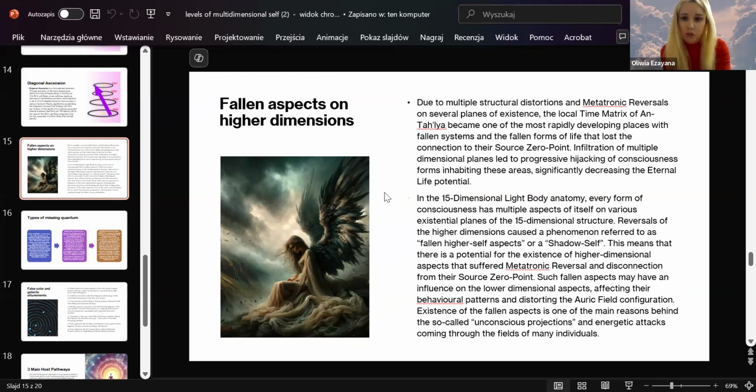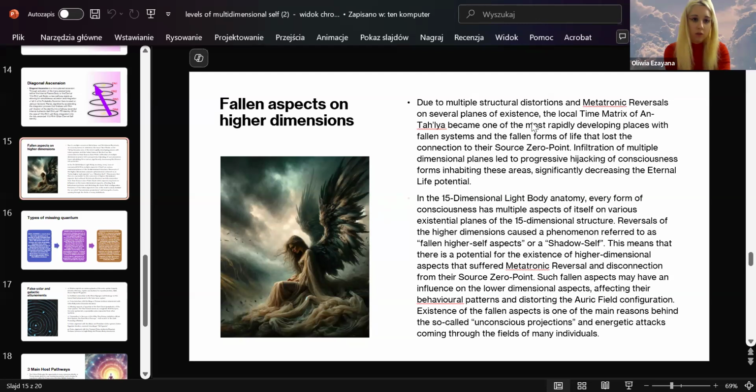In the 15-dimensional light body anatomy, every form of consciousness has multiple aspects of itself on various existential planes of the 15-dimensional structure. Reversals of the higher dimensions cause the phenomenon referred to as the fallen higher self aspects or a shadow self. So that means that it's not like there is really a shadow self.